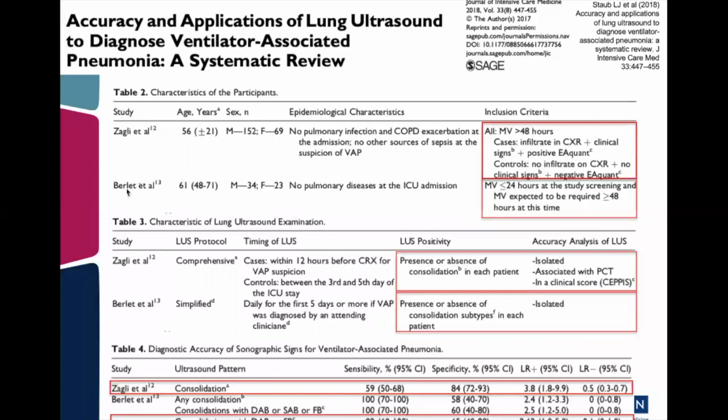The second study, Bourcier et al., was a purely sonographic study, and in a cohort of 57 ventilated patients, they found that the presence of consolidations, namely dynamic air bronchograms or fluid air bronchograms, held a sensitivity of 92% and a specificity of 65% for diagnosing VAP.